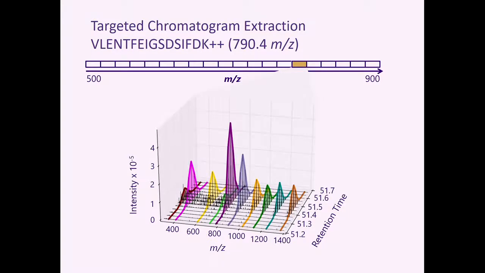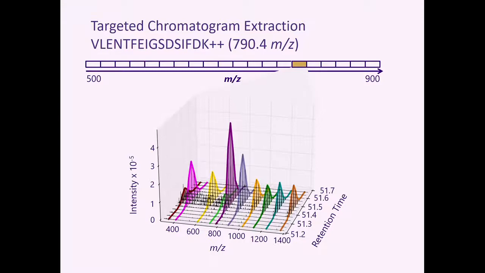I'll point out here that this is actually a very clean piece of data. So you basically have mass spectra collected systematically and continuously across time, across retention time in this dimension. And then at each individual mass range, we have different fragment ions that represent, of course, the sequence of this individual target peptide. And in this case, this peptide happens to be the most abundant thing in the isolation window.